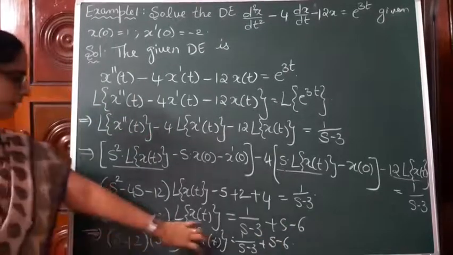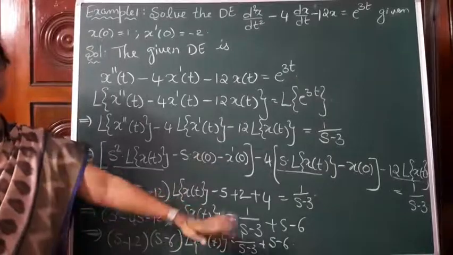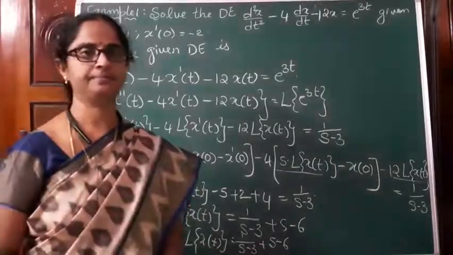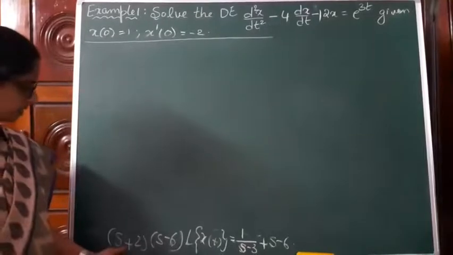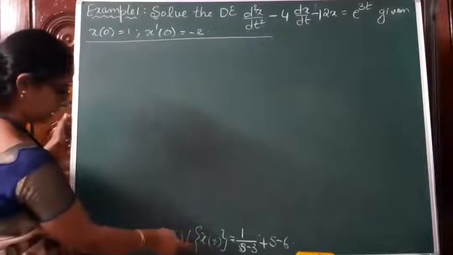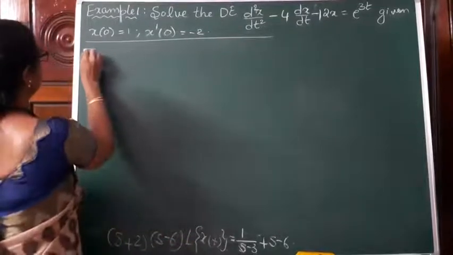From this we find L of x of t, and later we take the inverse Laplace transform to find x of t. So from this equation we will find L of x of t. Now look here, what is L of x of t?